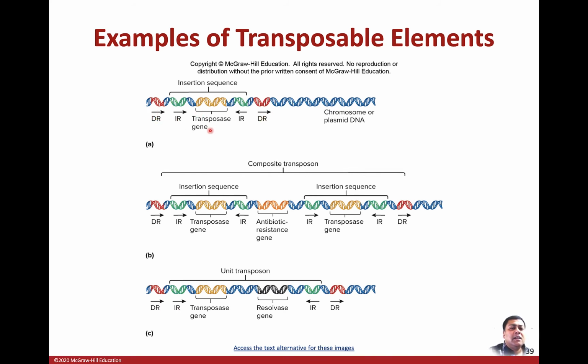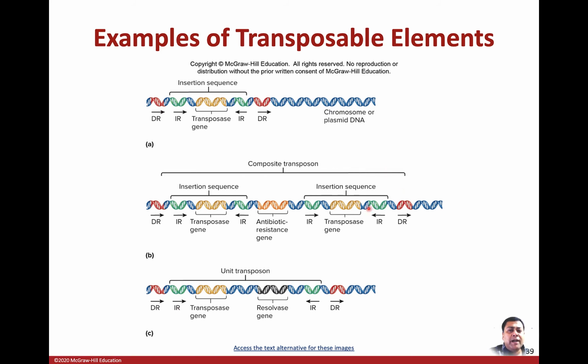This is the most important part: you have inverted repeats and direct repeats. These are the signature portion that all transposable elements or insertion sequences will have. This only contains a transposase. That's it. That's the insertion sequence.